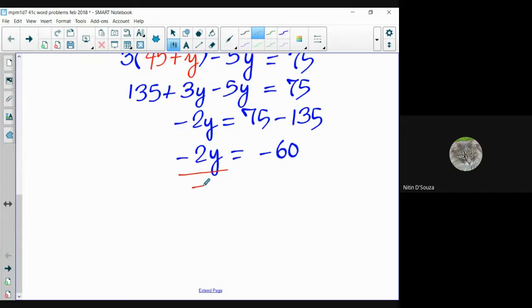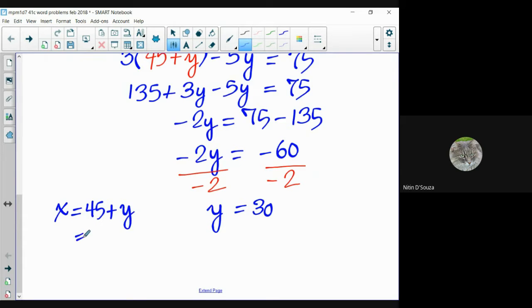So I'm looking for y, I'm going to divide both sides by minus 2. Now we know that x is equal to 45 plus y. So that's 45 plus 30.